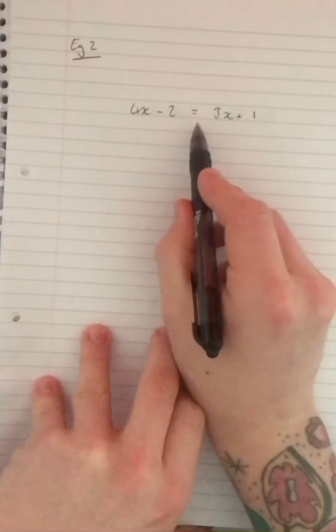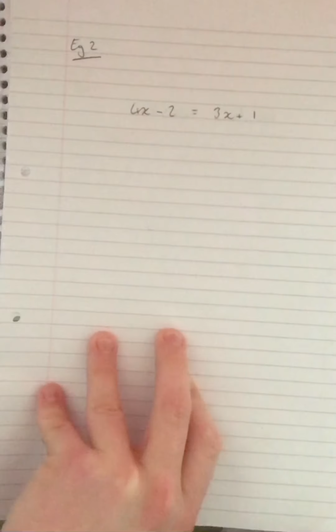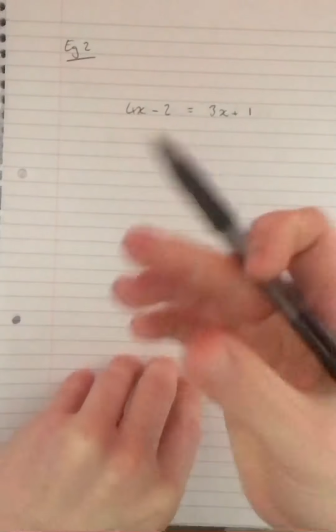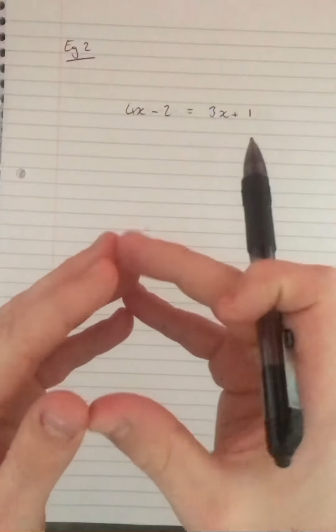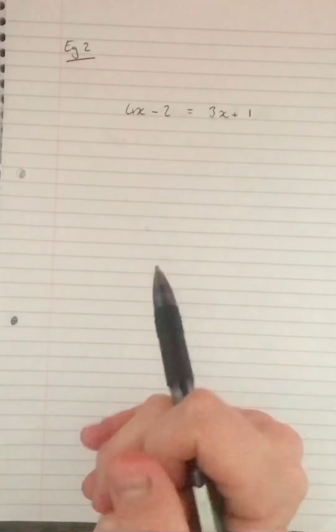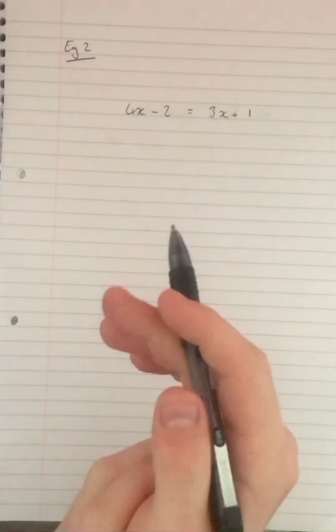Now, the second type of example we're going to see, guys, is 4x take 2 is equal to 3x plus 1. Now, remember there are two things to consider when solving an equation. Point 1, have we got all of the unknowns on the same side of the equation? Point 2, have we isolated the unknowns? We haven't done either of those things yet.